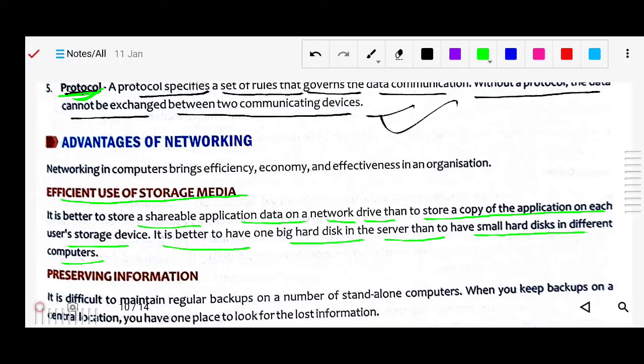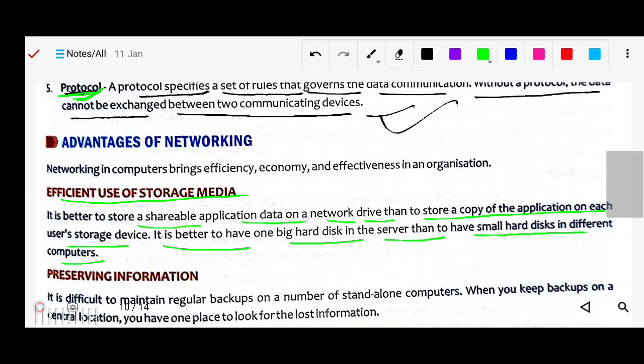It's better to set up one big hard disk, install it in one computer, and it can be shared by all. That will also be a very good idea, and its maintenance cost will also be less, because if you want to maintain all these hard disks, you need to put antivirus on each and keep all the systems on. So to maintain one hard disk is quite easy.